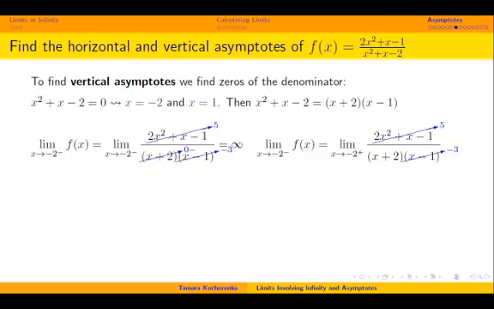X plus 2 at negative 2 is 0. But since x approaches negative 2 from the right, x plus 2 approaches 0, staying positive. Comparing the signs, we see that the limit is negative infinity.